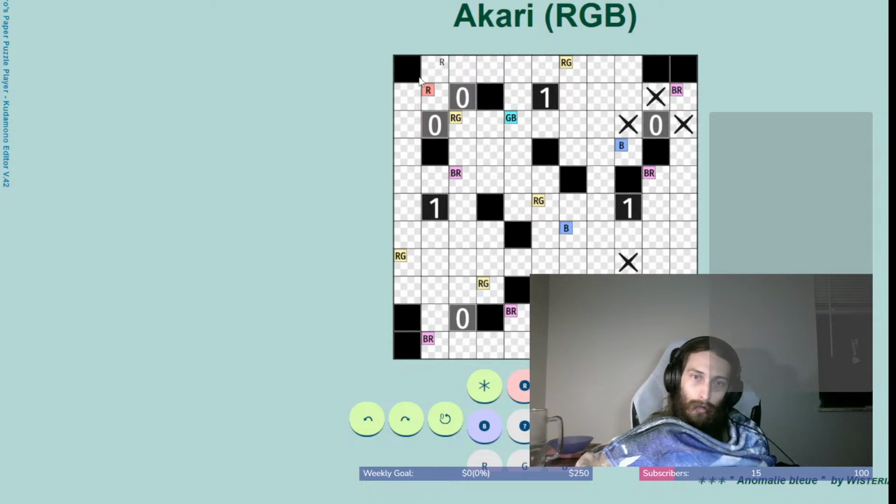Well, either get red here or there, which is allowed.